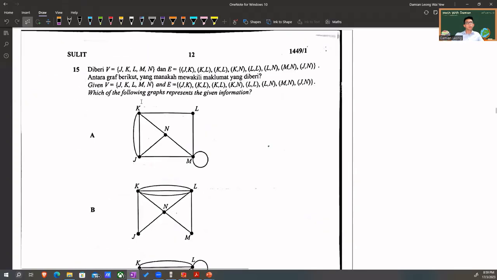Okay. Question 15. I'm given the vertex pairs. Which graph represents the given information? So definitely I know K, L, N, J, M, all the positions of the vertices.